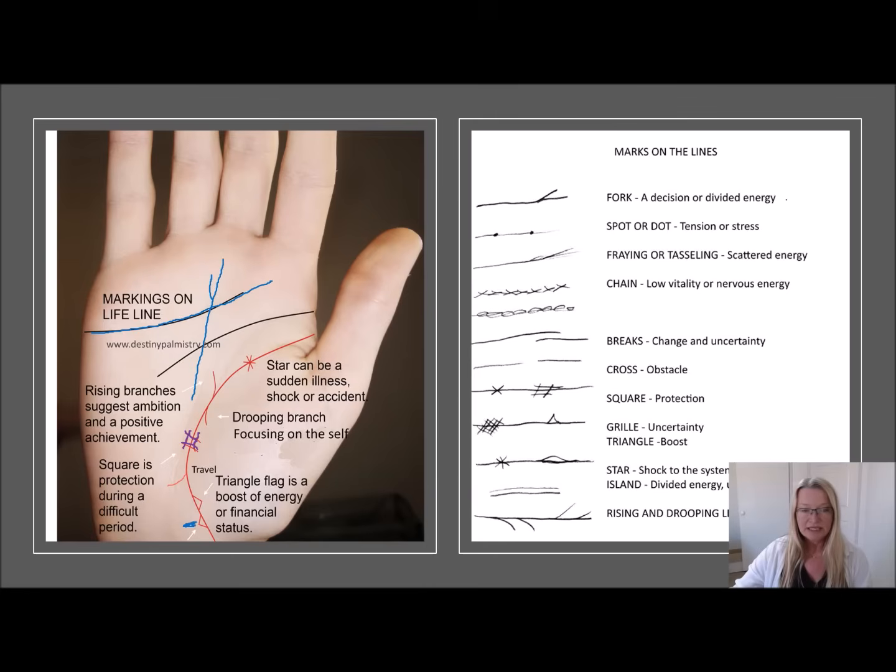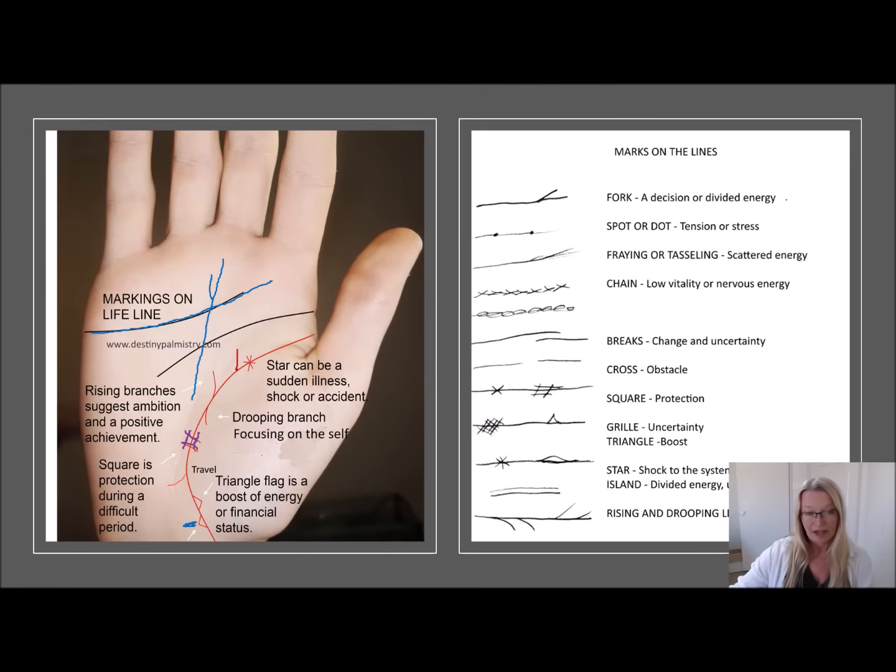Now, the rising branches that come from the lifeline on the inside are called achievement lines, and they suggest an ambitious time period. Maybe a positive achievement such as finishing the studies and getting your degree or diploma or whatever.